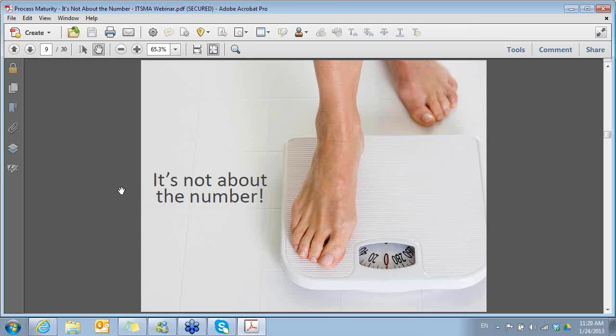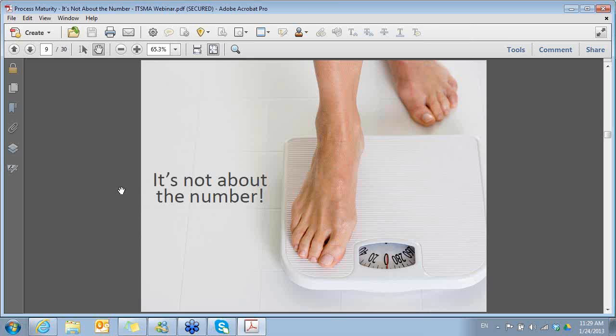But my point is that you're not going to say, okay, our incident management process is level 3 maturity, right on, and end there, right? Because really, that doesn't mean anything. The question is, what are you going to do about it? Is that good? Is that bad? Should it be a 3? Should it be a 4? What are we going to do about that number?